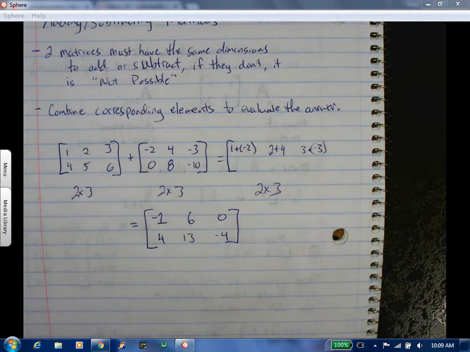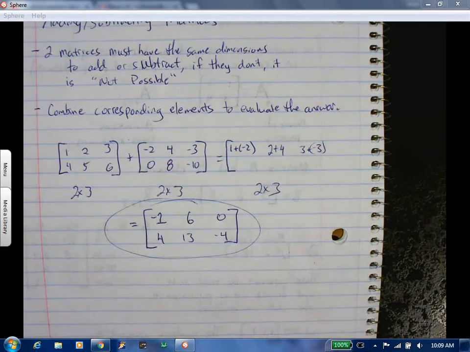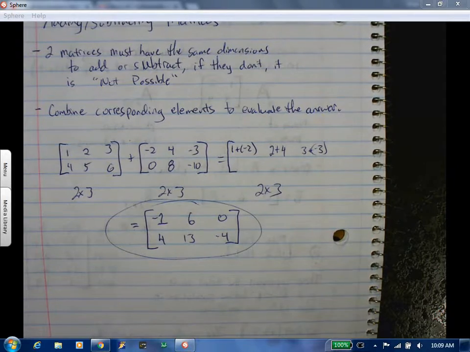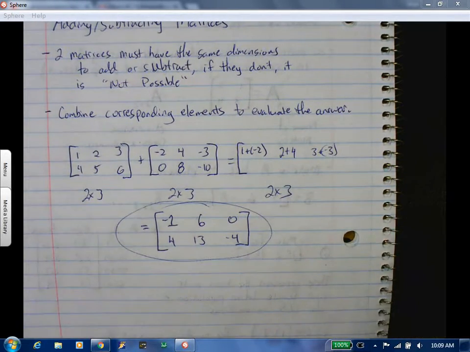What they call scalar multiplication. Sounds complicated, it's really easy. The only thing to watch out for is when it is a subtraction, you may be subtracting a negative.